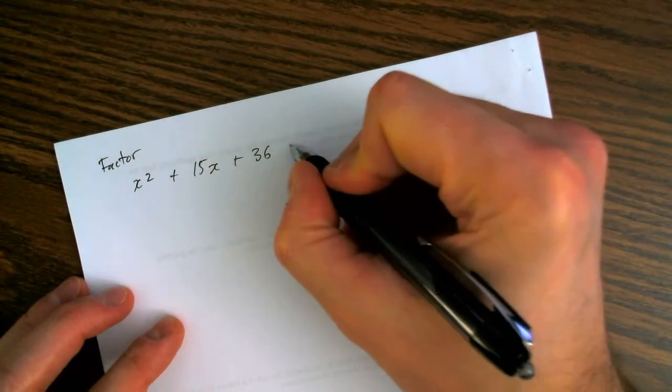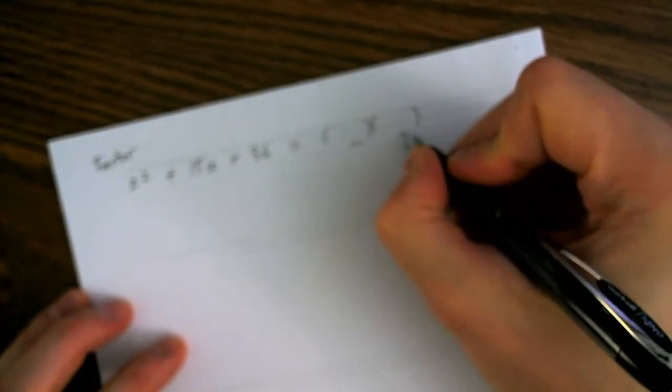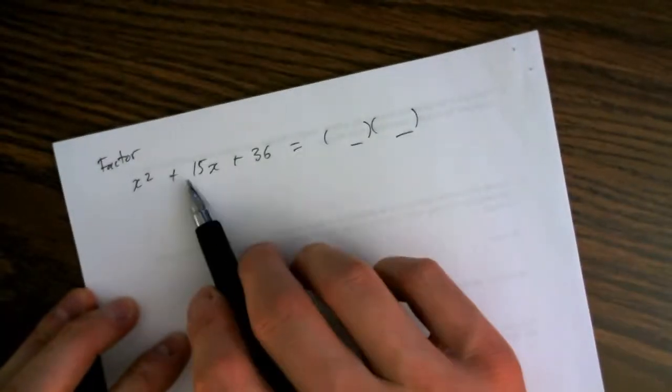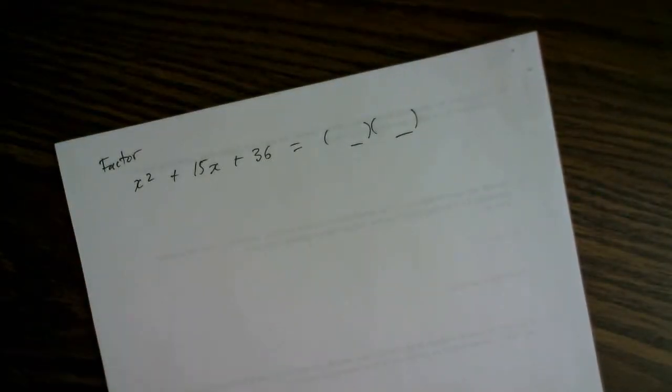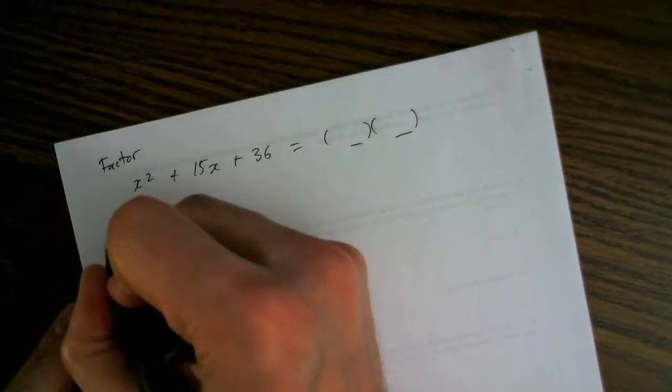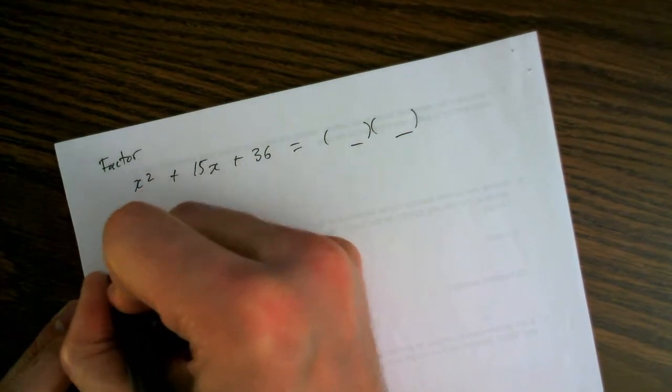So when we factor a trinomial like this, there are two terms that multiply to give us 36 and that add to give 15. So if we want to factor this trinomial, what we can do is check all the pairs of numbers that multiply to 36.